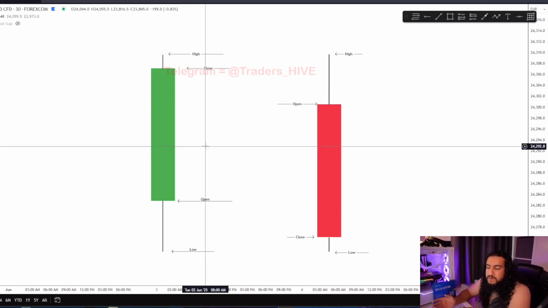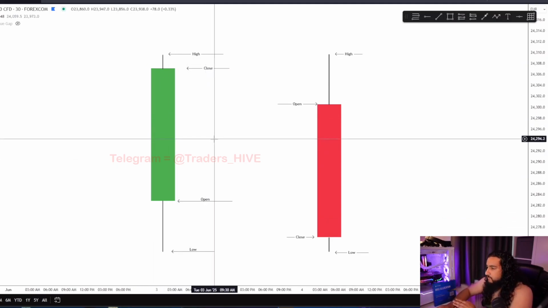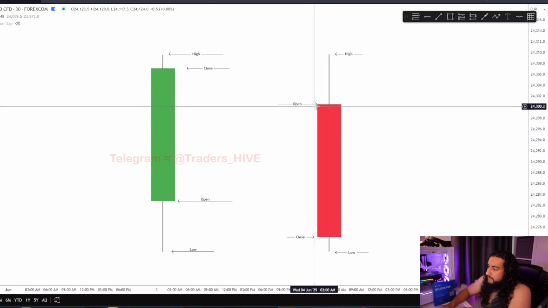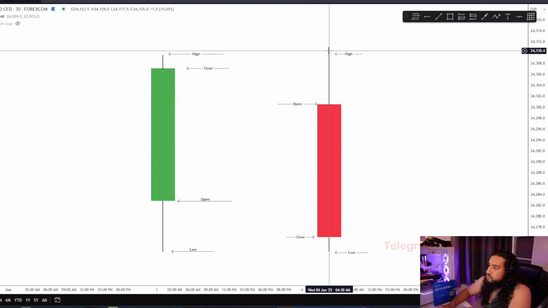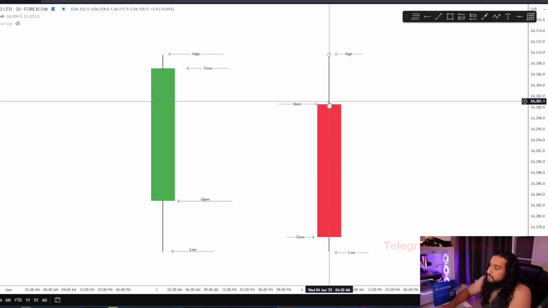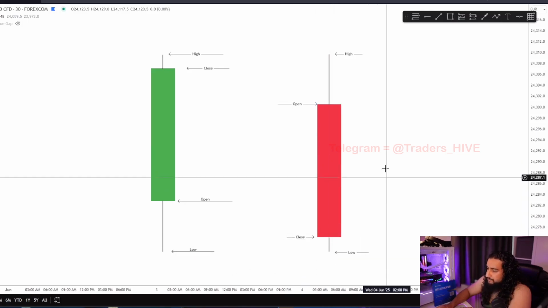It doesn't have to be 9 and 10, it could be any time, but let's just say this is a 1 hour candle. So the open will be at the top for a bearish candle. This is the open. And then price moves up, creates this high, and leaves behind a wick. And then price starts moving down, down, down, pushes down to here, retraces up a bit, and then closes.